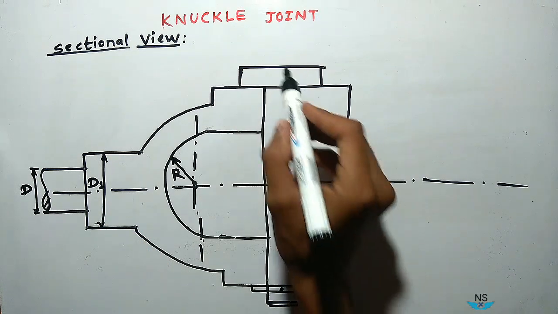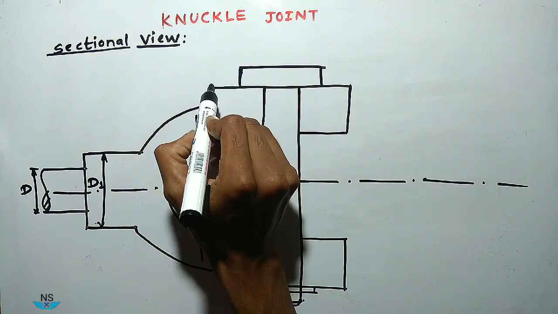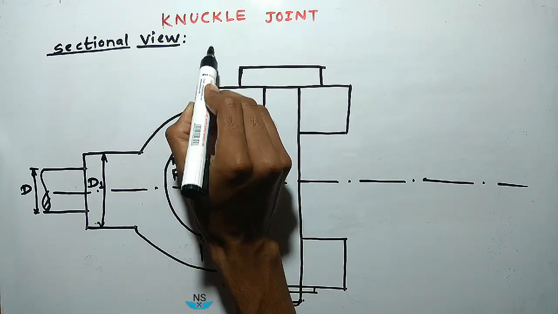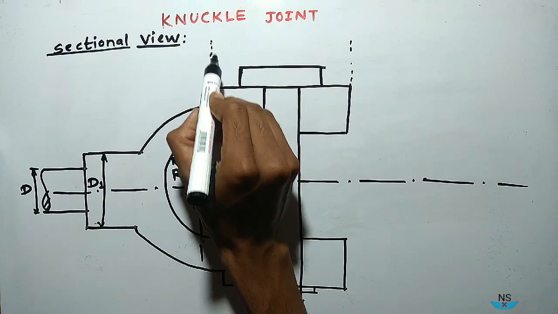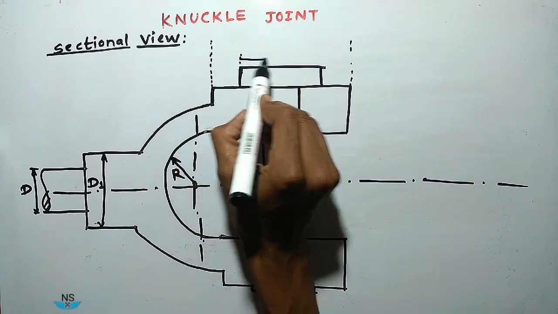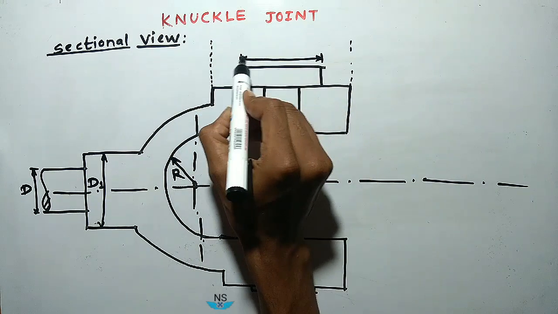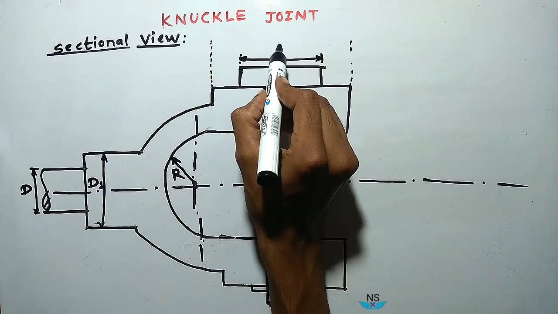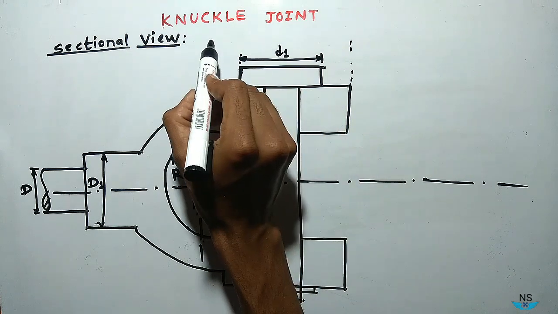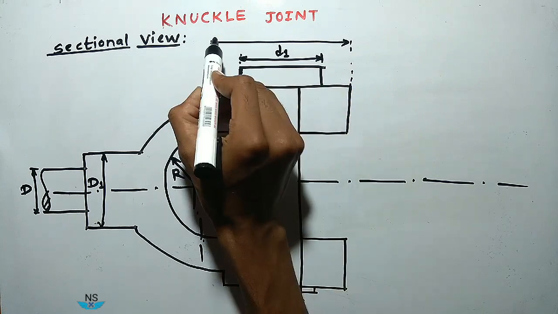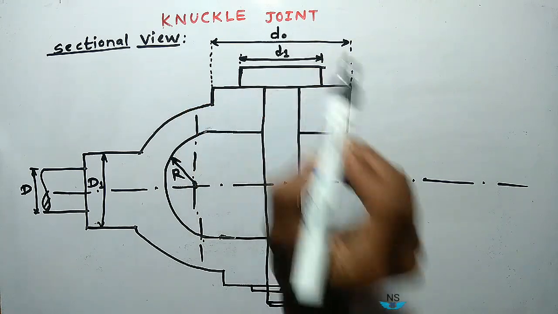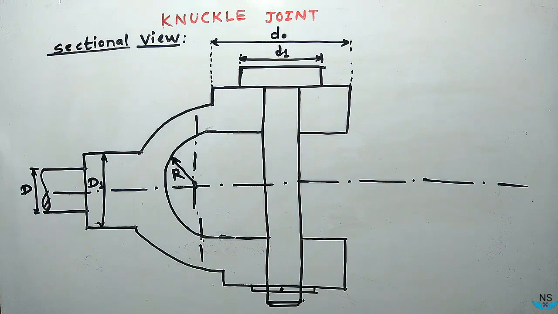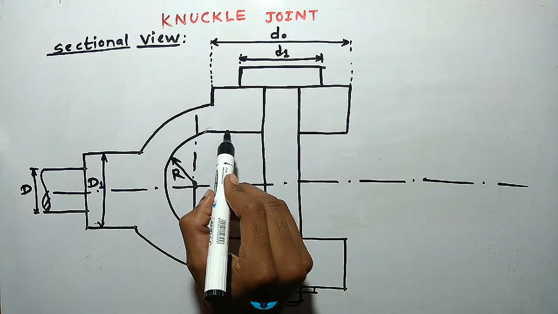Now this is the split pin. Now the diameter of this pin head is D1, and the diameter of the fork end is D0. The diameter of the fork end and eye end is similar.